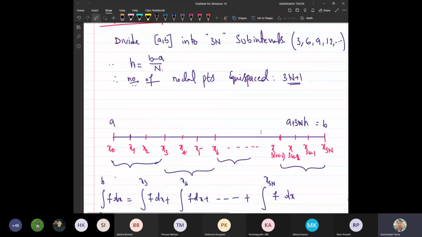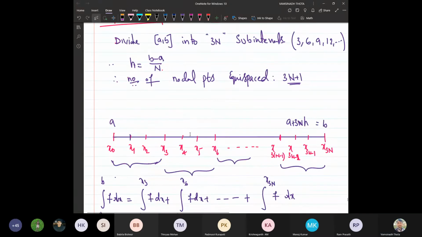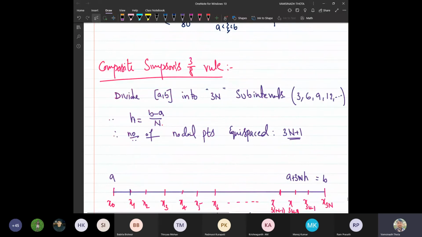Now the same idea can be generalized to the composite Simpson's 3/8 rule. What does the composite Simpson's 3/8 rule say? In the trapezoidal rule, we divided into n subintervals.